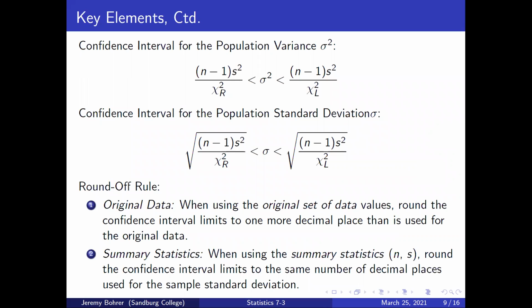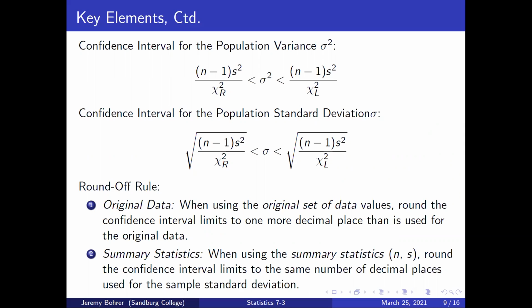The confidence interval for the population variance sigma squared is (n minus 1) times s squared over chi-squared sub r is less than sigma squared is less than (n minus 1) times s squared over chi-squared sub L. The confidence interval for the population standard deviation sigma is the square root of (n minus 1) s squared over chi-squared sub r is less than sigma is less than the square root of (n minus 1) s squared over chi-squared sub L.